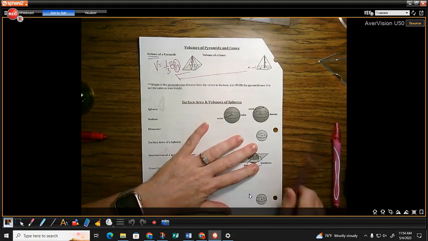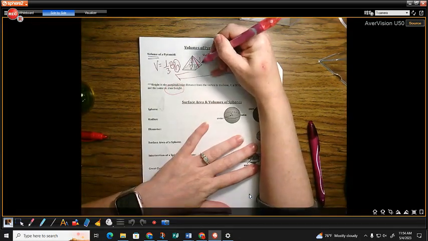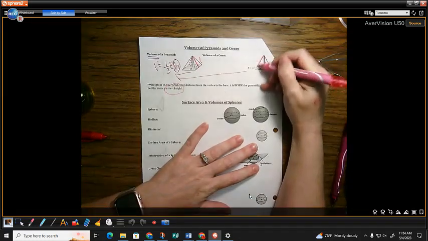It's not the same as your slant height going down the side of your cone or your pyramid. Those are different. And your brain is going to want to jump to using one or the other automatically. Just always make sure you're using the right height in the right spot.